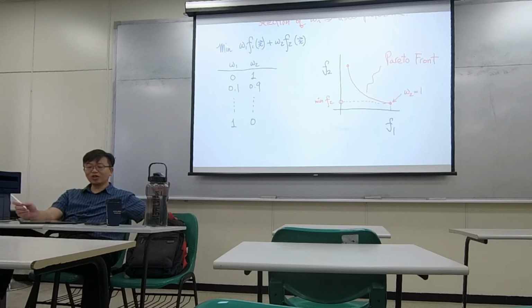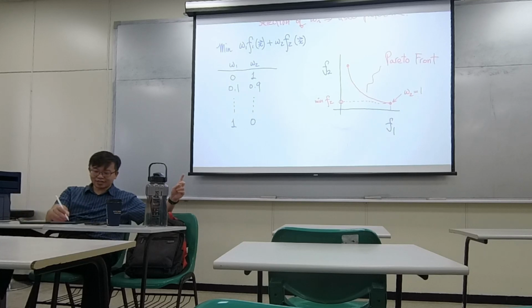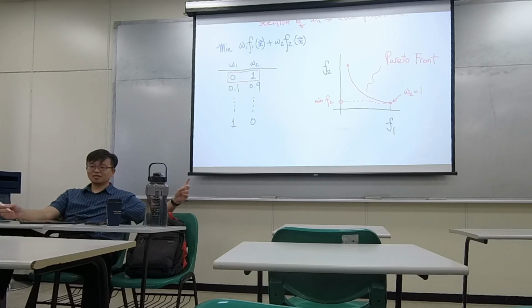Okay? If you only care about F2 and you choose to have W1 equals 2, W2 equals 1, in this case, then you may see the right edge of this Pareto front.